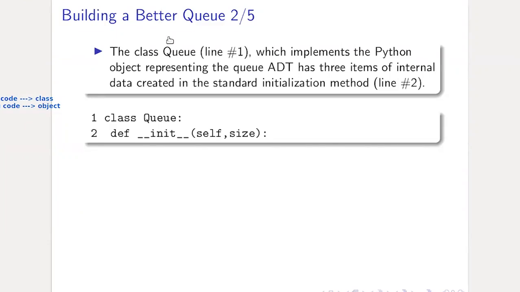So we start off by defining our class as Q, and first of all we define its internal structure. The internal structure has 3 items. Let me show you what the 3 items are.